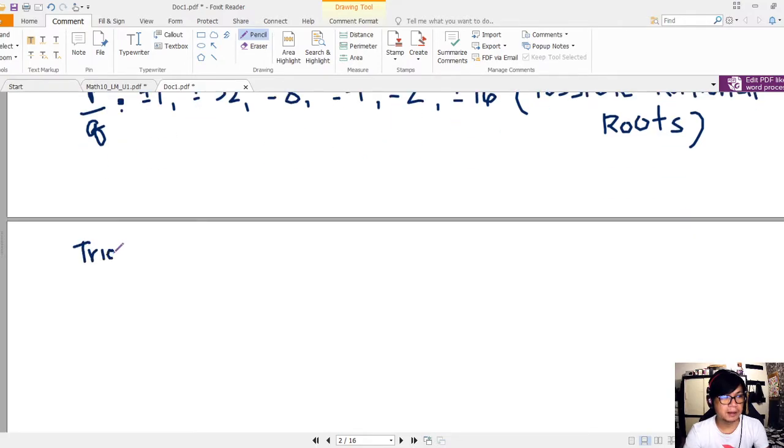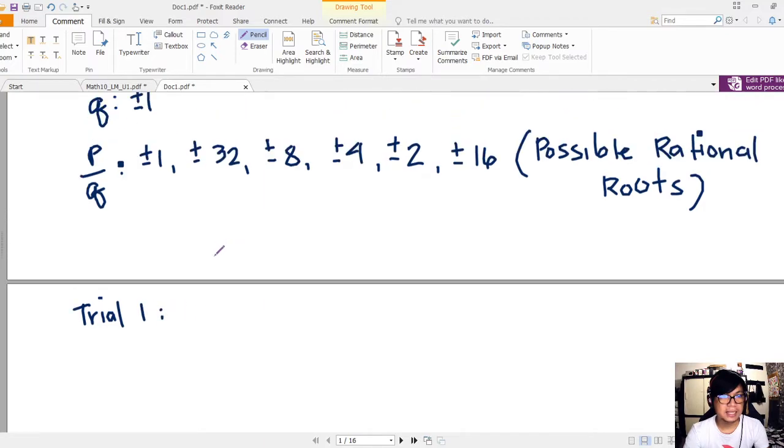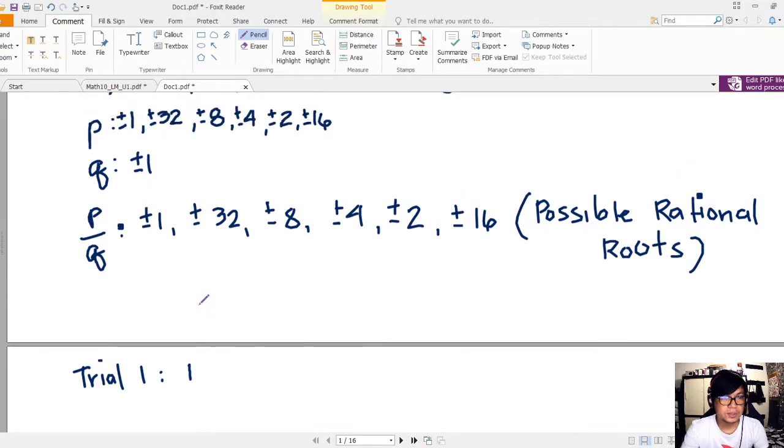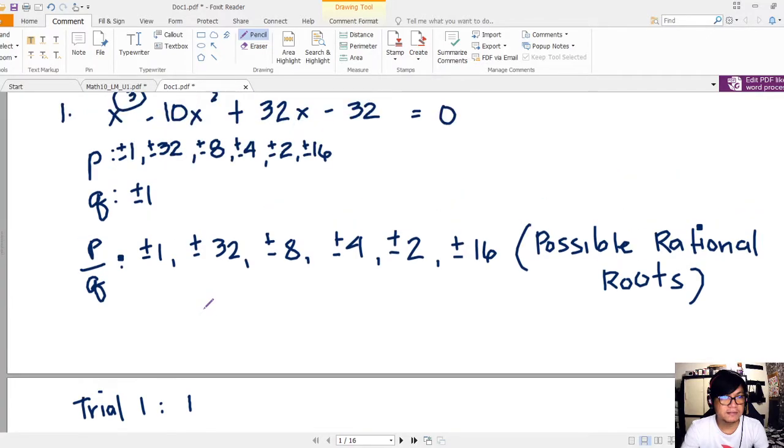Sige. We will try our first trial. Trial number 1. Sige, i-try natin when the value of x natin, yung p over q natin, try natin positive 1. So using the synthetic division, we will write first the coefficients.